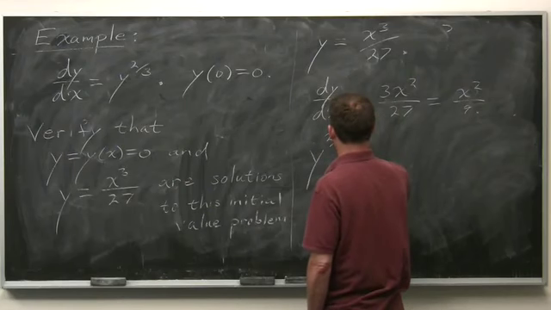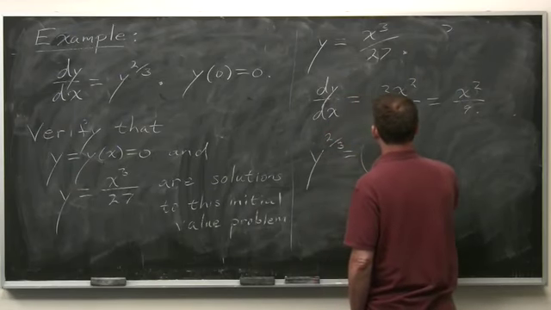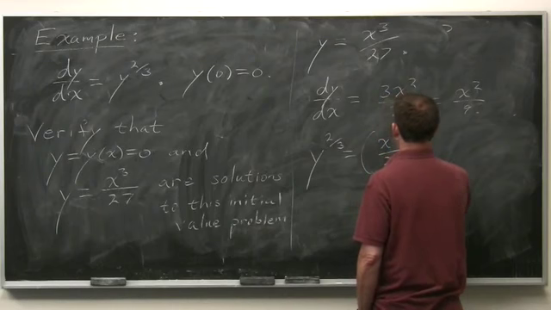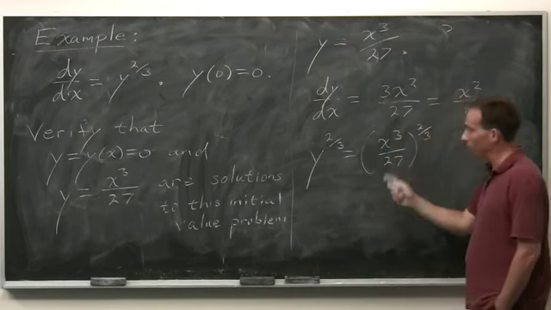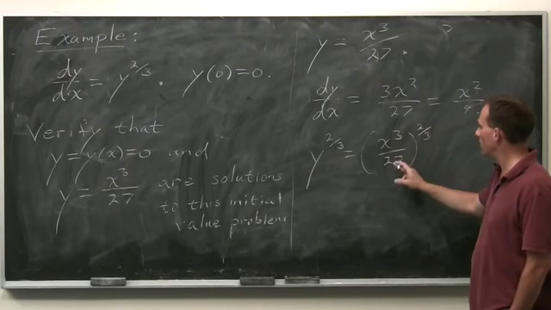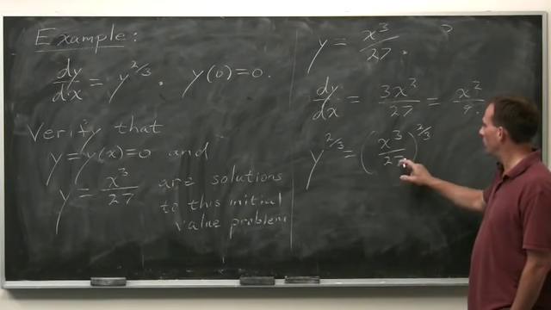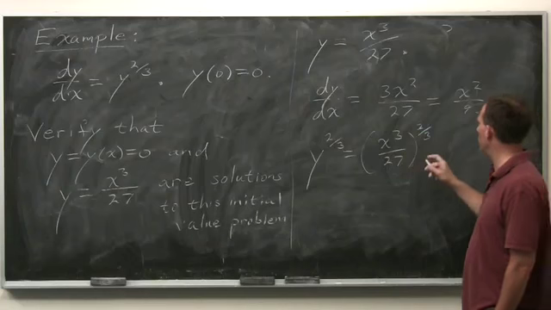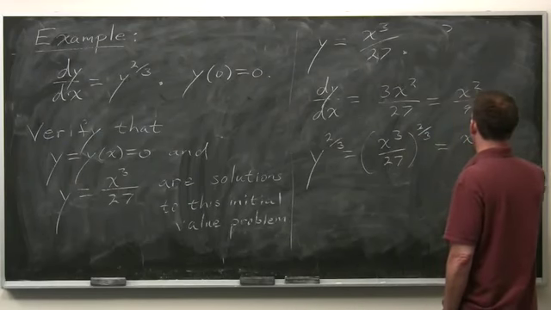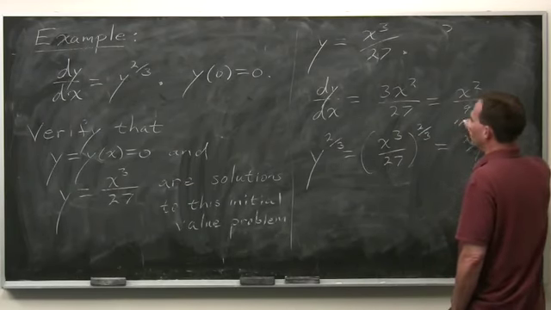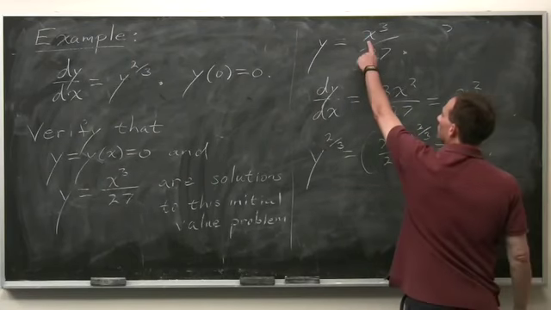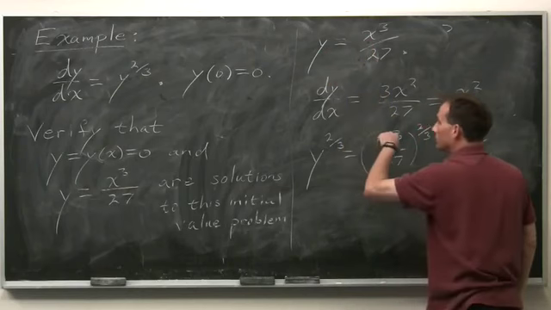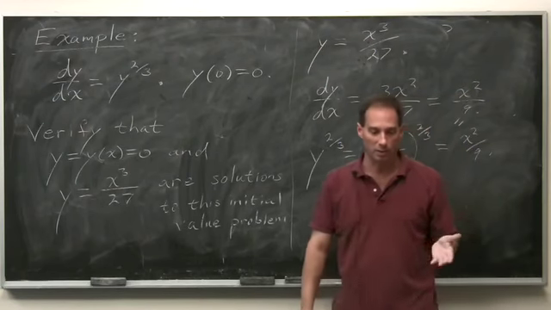Well, y to the 2/3 is x cubed over 27 to the 2/3. You take the cube root and you square. The cube root of x cubed is x squared. The cube root of 27 is 3, and 3 squared is 9. Yes, this is x squared over 9. Yes, these are equal, so this is a solution to the differential equation. And when x is 0, y is 0 again. So yes, it's a solution to the initial value problem.